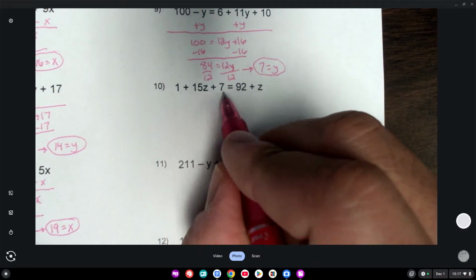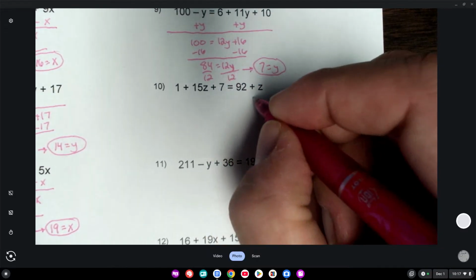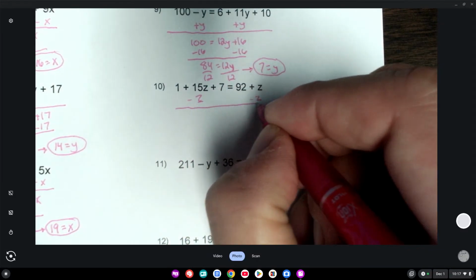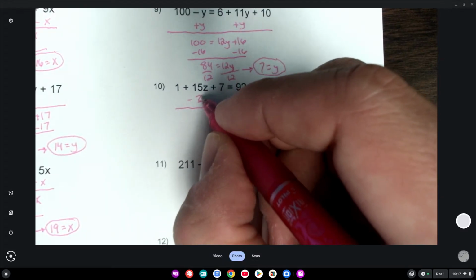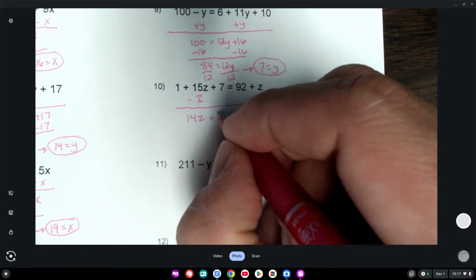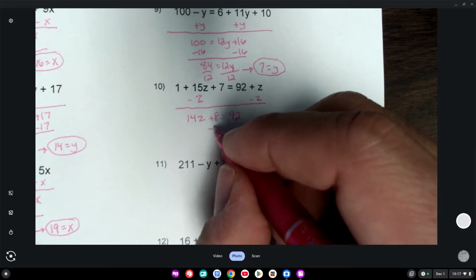Alright, this time I have the numbers on the left side. Plus z and plus 15z, so I'm going to subtract z. So that gives me 15 minus 1 is 14z, 1 plus 7 is 8, and 92 over here. Subtract the 8 from both sides.